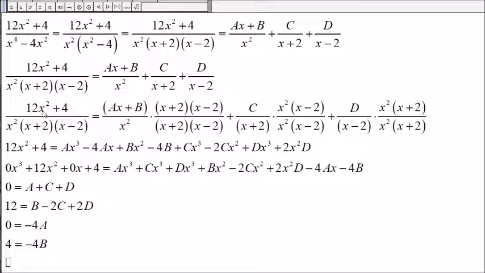And so we have the numerator on the left hand side equal to the numerator of the right hand side. Ax plus B, this right here, this is (x plus 2) times (x minus 2), so it's x squared minus 4, and then times (Ax plus B).